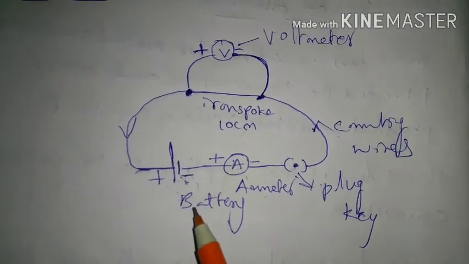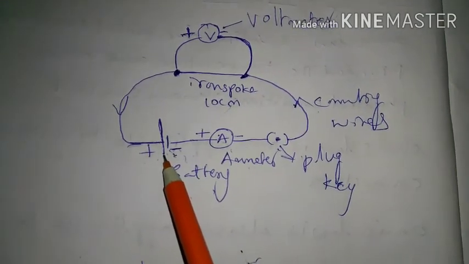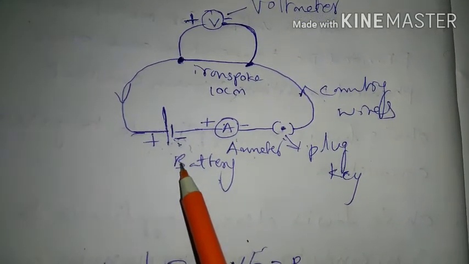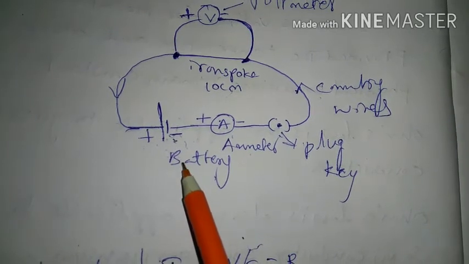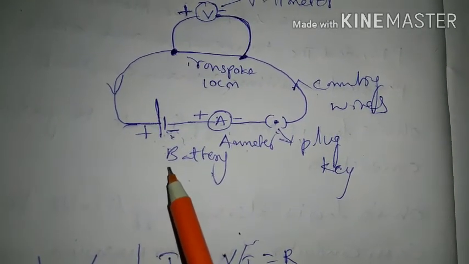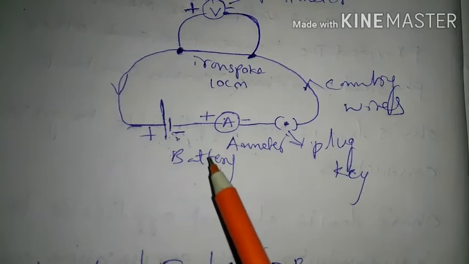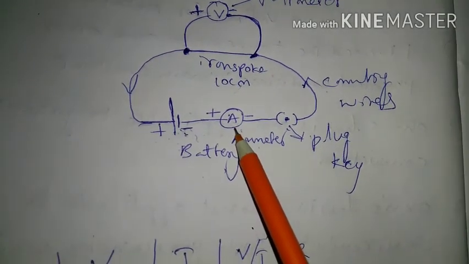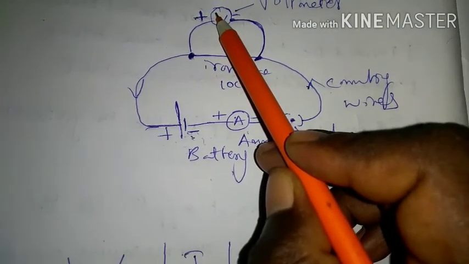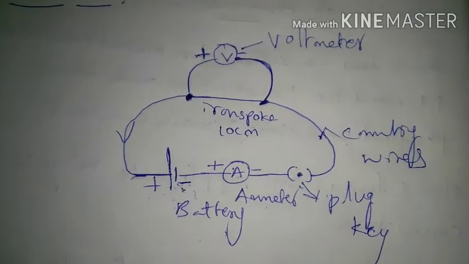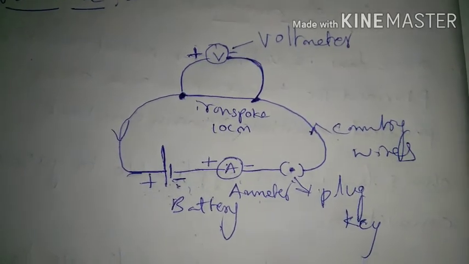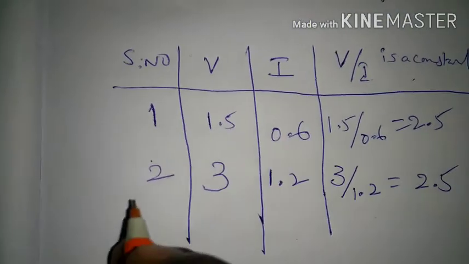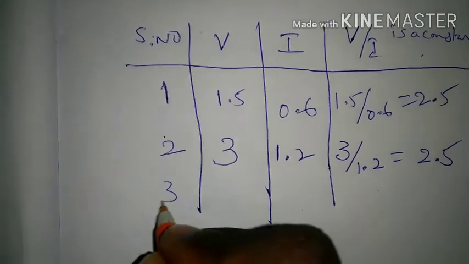See the diagram. Now connect 3 cells in series in the circuit. Note the respective readings of the ammeter and voltmeter and record the values in the table. See the table, serial number 3.